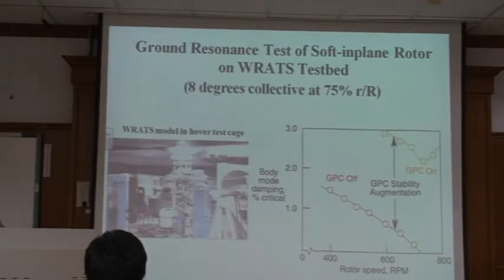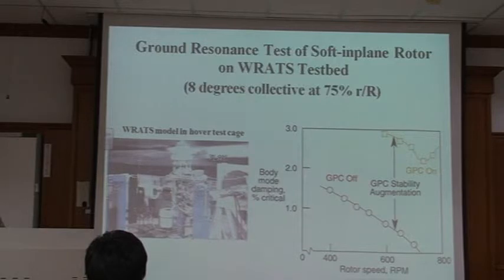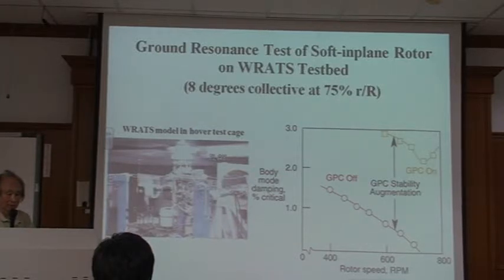There's one eigenvalue, and its damping becomes less and less up to 750. That eigenvalue damping becomes 0. So no damping at all. No damping means the system will oscillate with the flexibility of the wing.